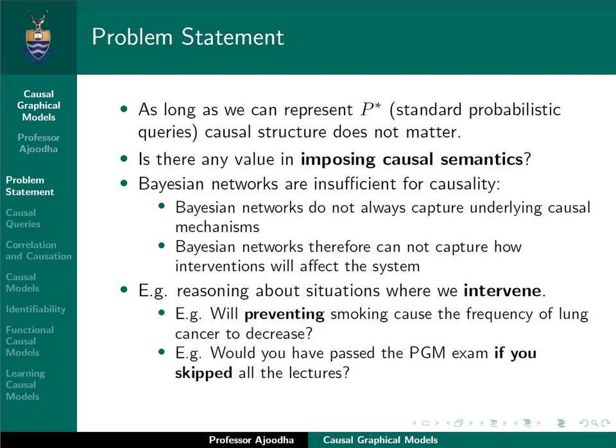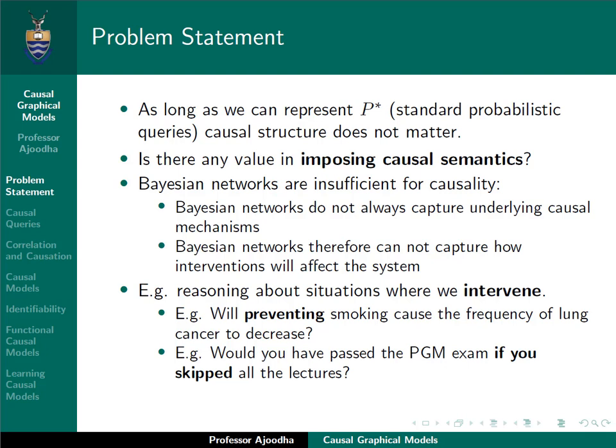However, I was saying that we often want to answer causal queries, such as in a Bayesian network, the probability of one event given another. But I was also saying that causal questions are different, right? So that asks specifically, what would happen if we actively change something in the system?